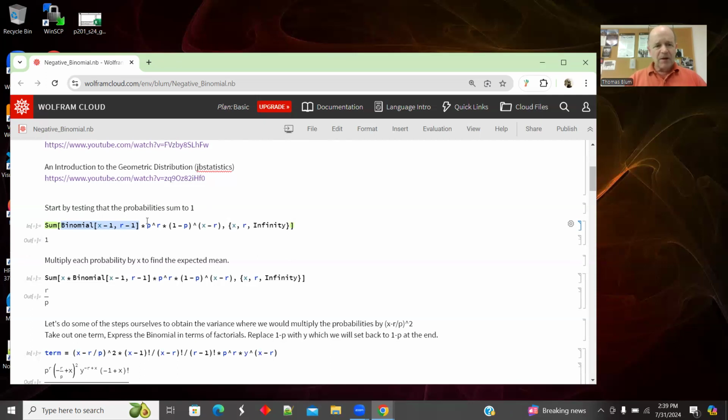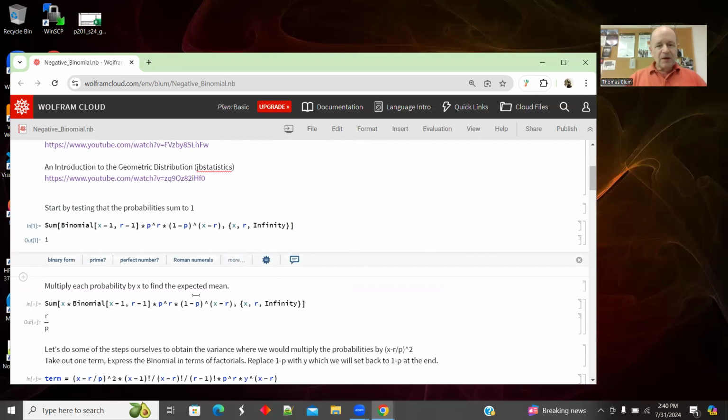The probability of success is raised to the r for r successes. The failure probability, 1 minus p, gets raised to the x minus r. Since I'm looking for r successes, I need at least r tries, so my summation starts at r and goes to infinity. Mathematica is pretty smart. I can just ask it to do that, and it gives me a 1.